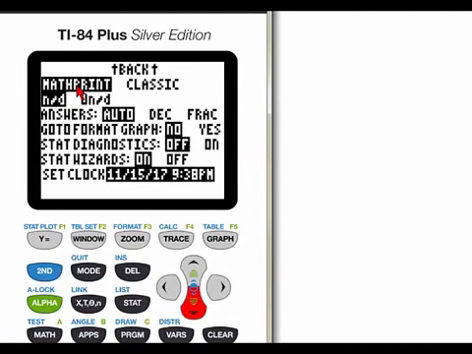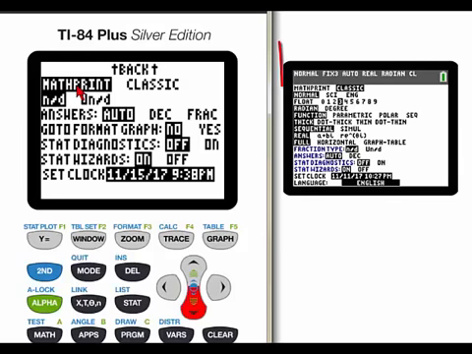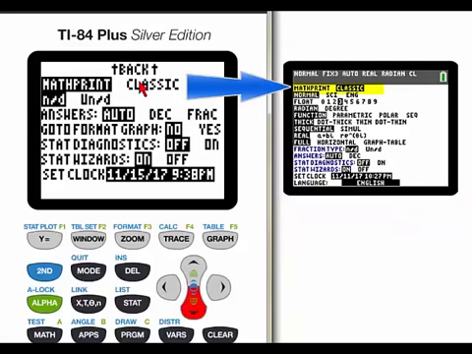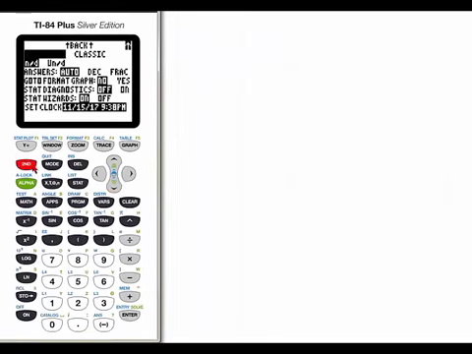For the TI-84 Plus CE or the TI-84 Plus C, your screen will look a little bit different. Your math print in Classic will actually be at the top, and you will not need to scroll down. To get out of this screen, go second function quit.